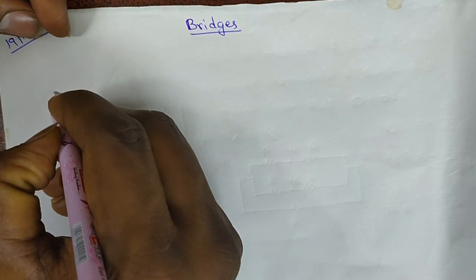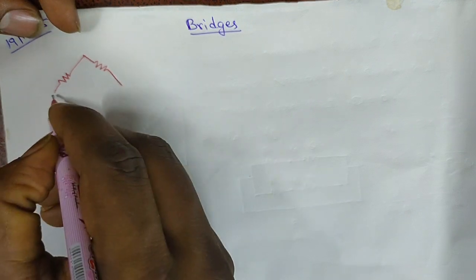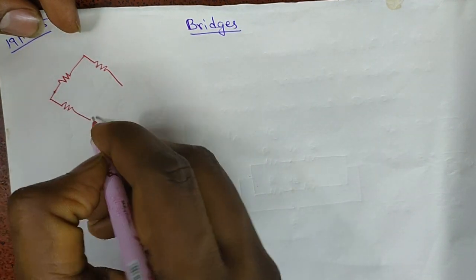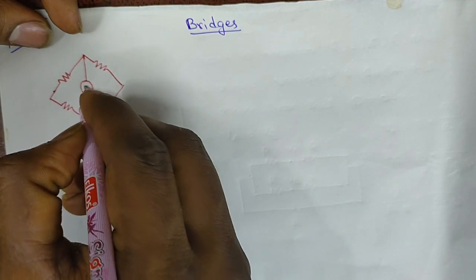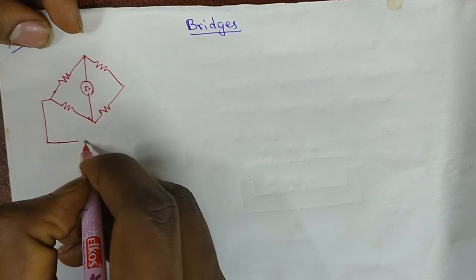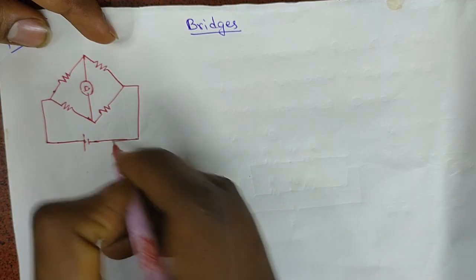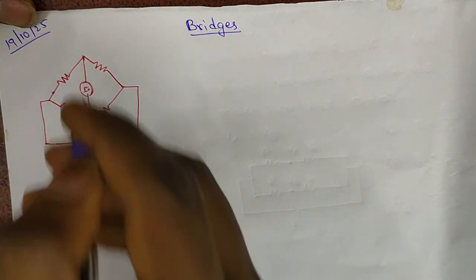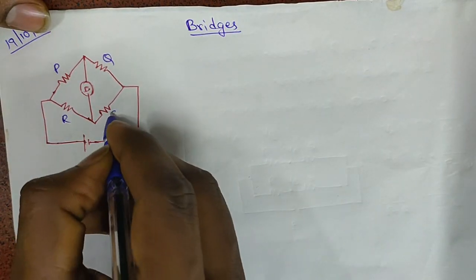They look like this. In this way it will look like P, Q, R and S.